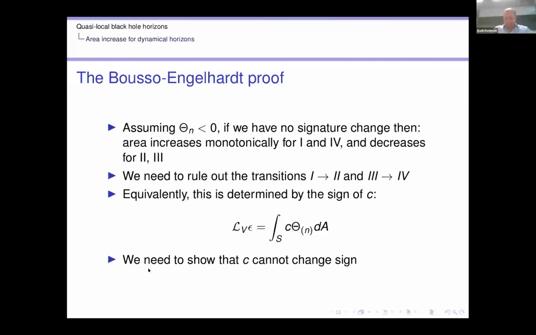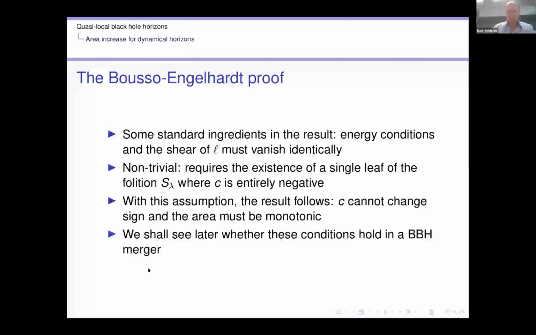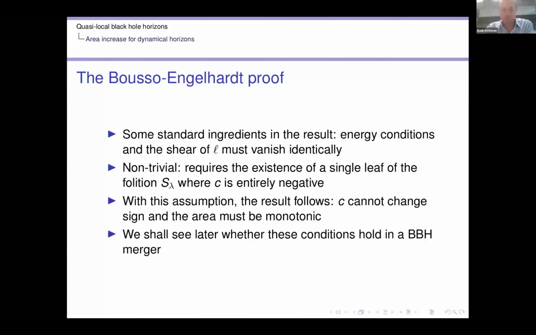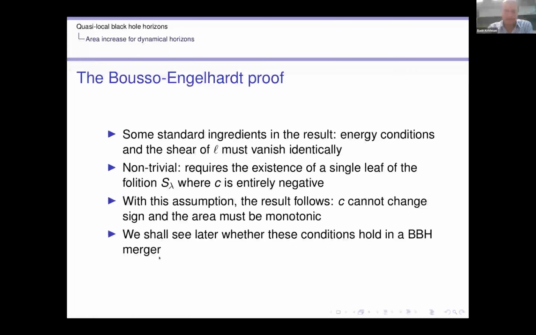But what are the assumptions in this? That is an important question. The assumption, which seems like a very trivial thing and is in fact not always true, is that it requires the existence of at least one time at which C is entirely negative.